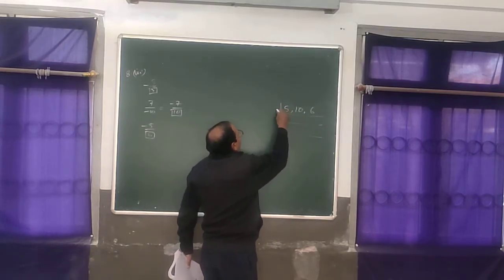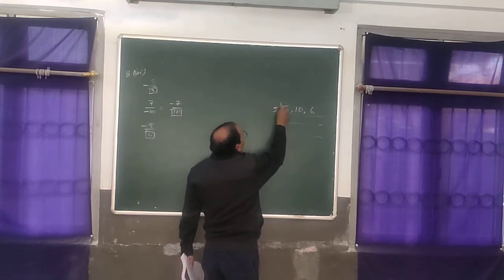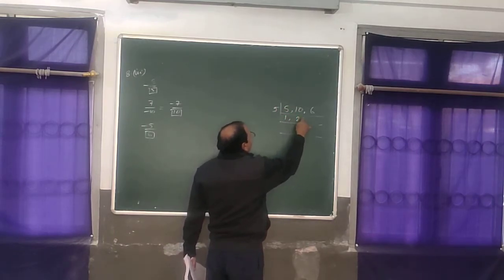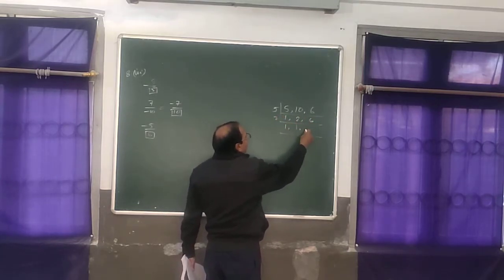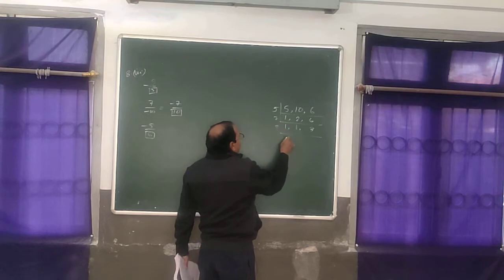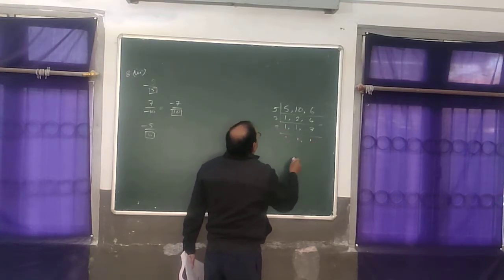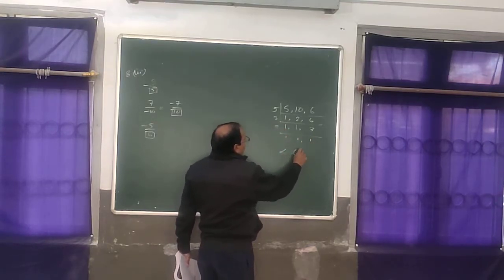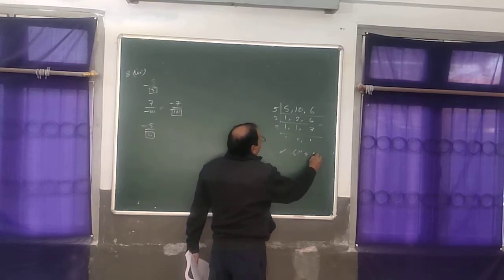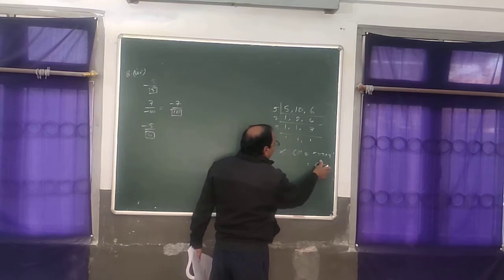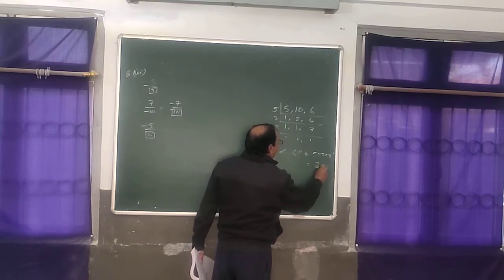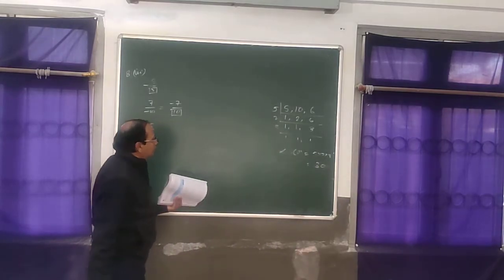So let's go for it, take 5 as common, 1, 2, 6, 2 take common, 1, 1, 3, 3 if you take, then we found LCM equals 5 into 2 into 3 is equal to 30, right.